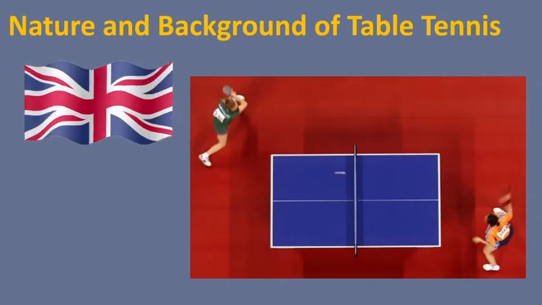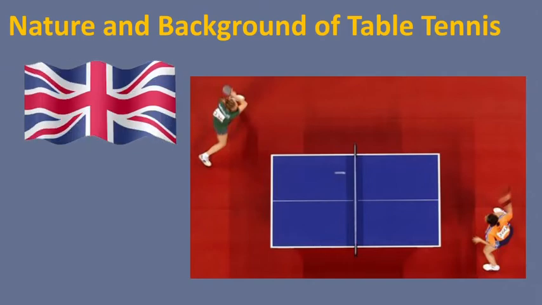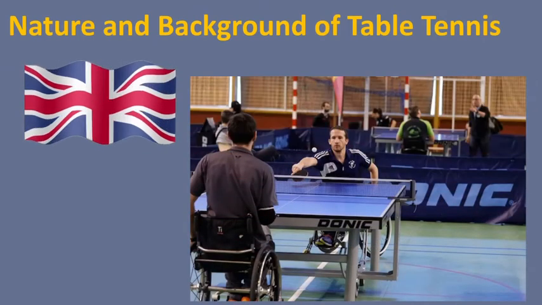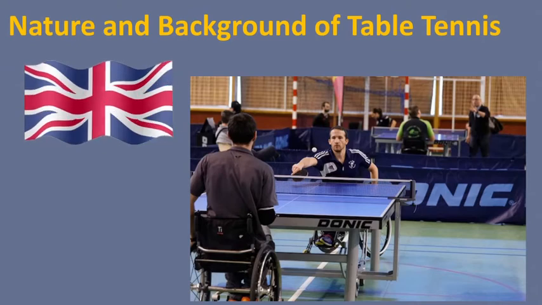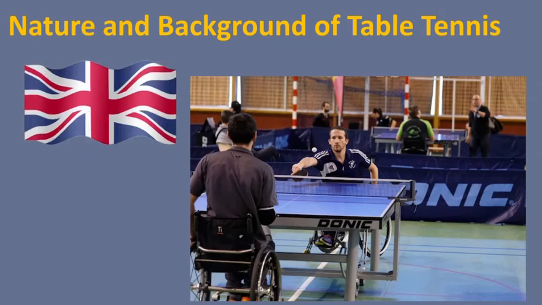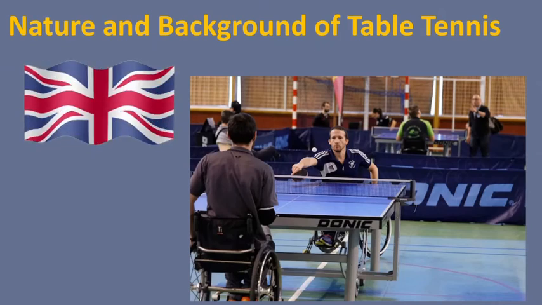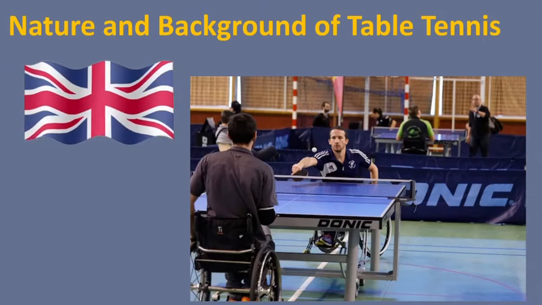Table tennis can also be played by players in a wheelchair, but with some modifications in the rules. The matches for this game include singles, doubles, and also mixed doubles.